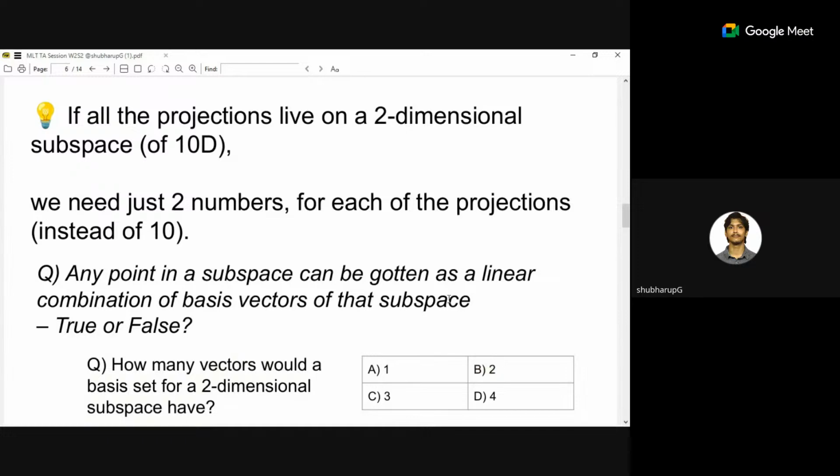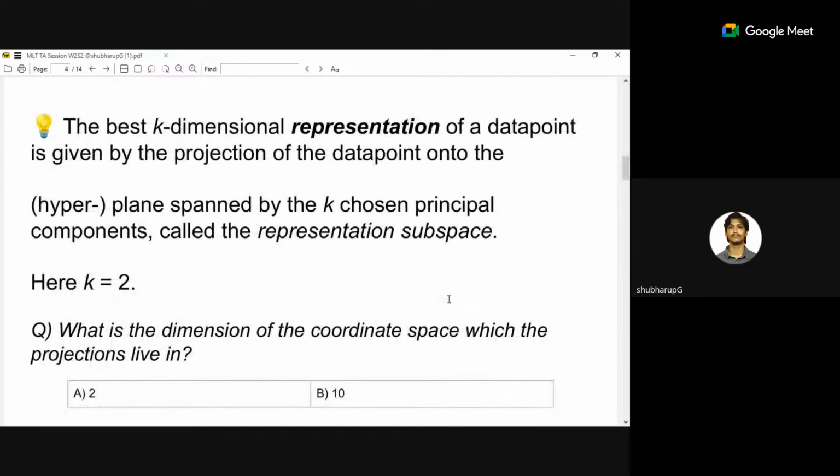Okay. And therefore, this is where the dimensionality reduction is happening. If I project onto a 2D subspace, the projected point, the projection that we get from projecting the original data point, is still in 10D.